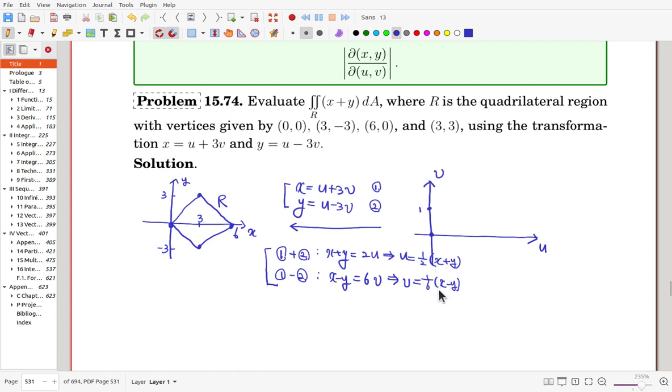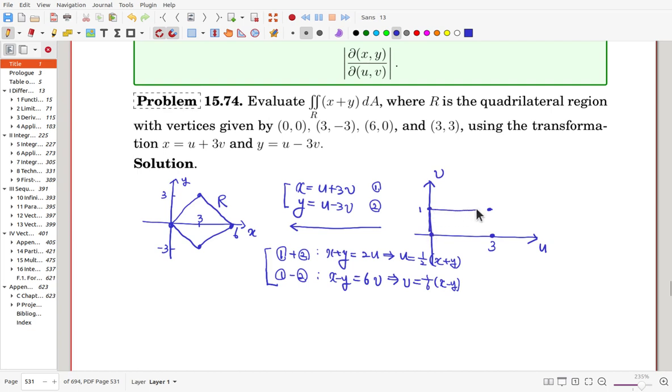Then u must be 3, v must be 1. So that we have that one. Okay, this is 3. Finally, for this point, x is 3, y equals 3, then u is 3, and v will be 0, so that this point.